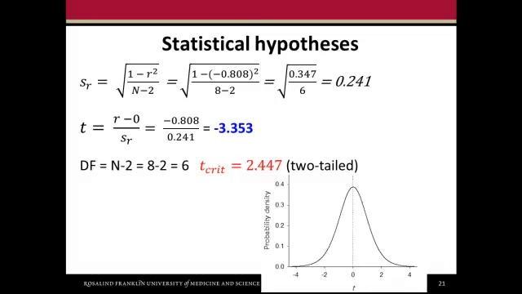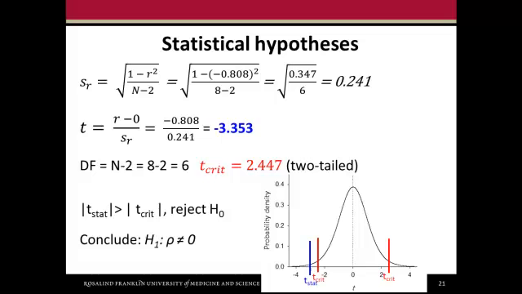And this is a two-tailed distribution. We can put in our critical values. Remember that the rejection regions are in the tails of those two. And our t statistic is negative 3.353, so it's going to fall in the rejection region associated with the negative tail.